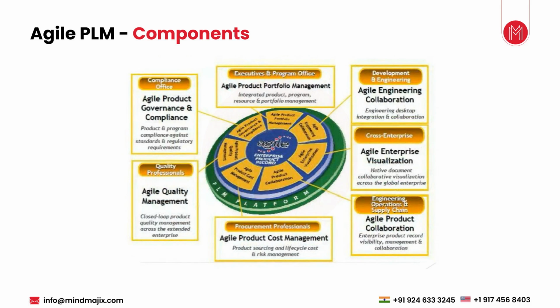Now what we are going to see are the components in the Agile PLM application. These components are nothing but the modules. A very important module is product collaboration, Agile Product Collaboration.